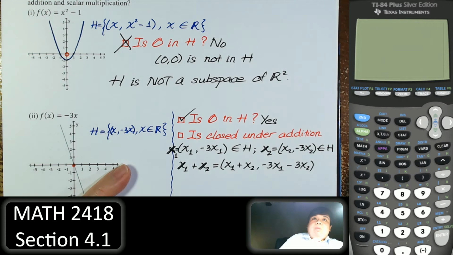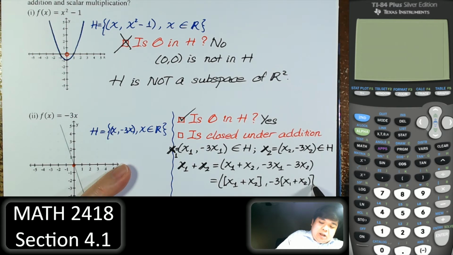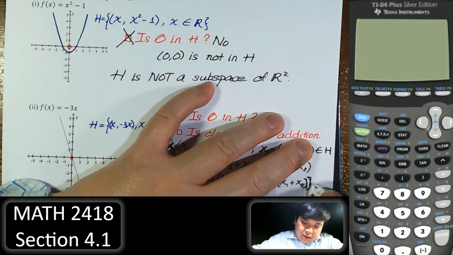Just combine them, and then we can factor: x1 plus x2, minus 3 times the quantity x1 plus x2. Sorry, bracket and then parentheses.